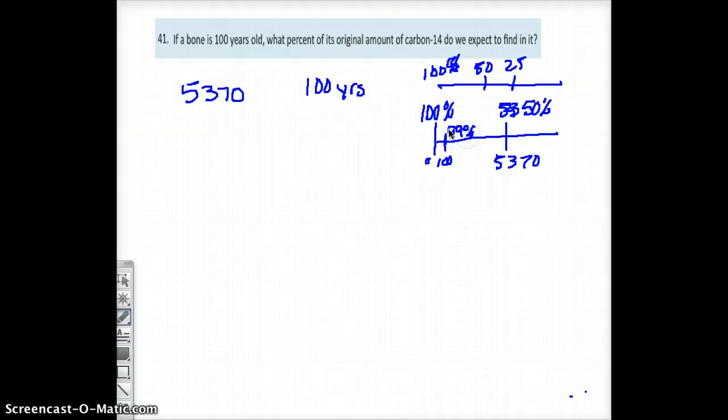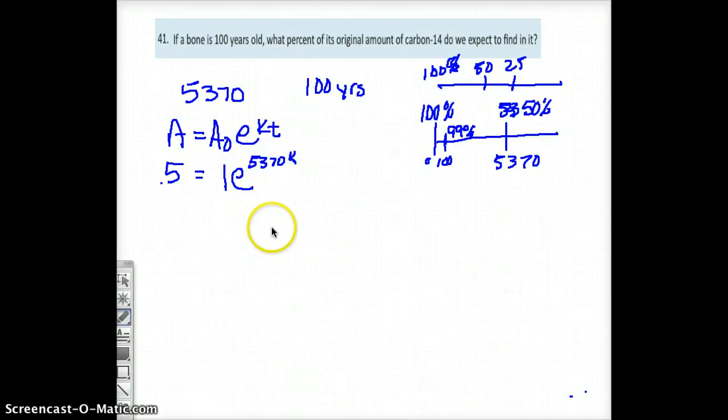We'll see. So again, you're going to start with the formula. First of all, we have to find K. If I start off with my whole amount and I end up with half of it left, and it took 5370 years to do that, I could find K. So K on our calculator is going to be the ln of 0.5 divided by 5370.